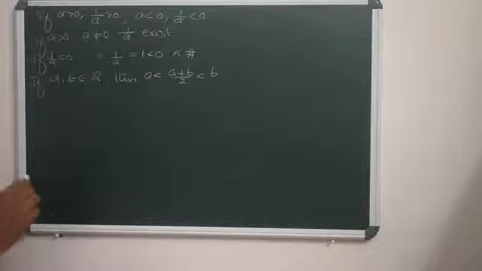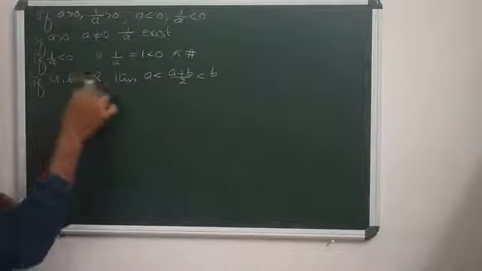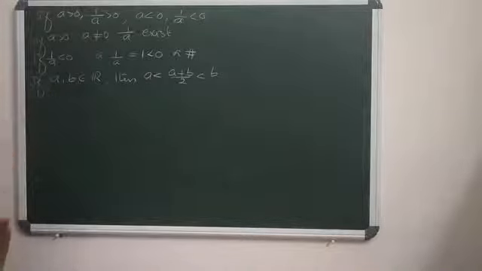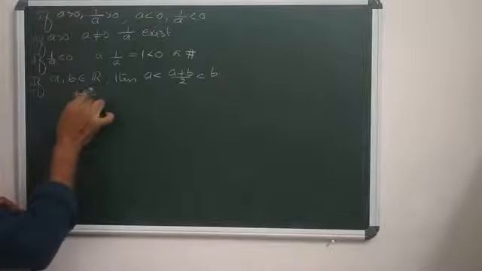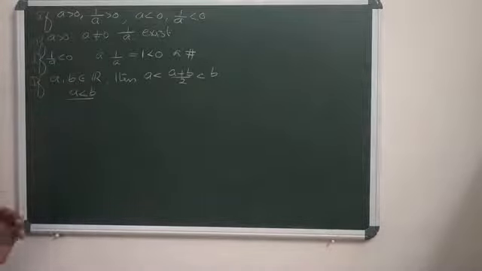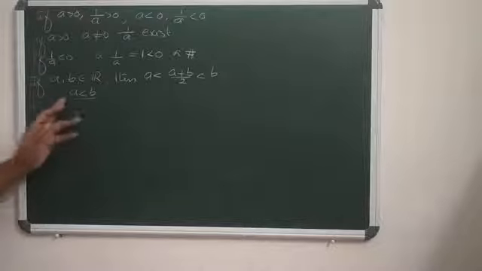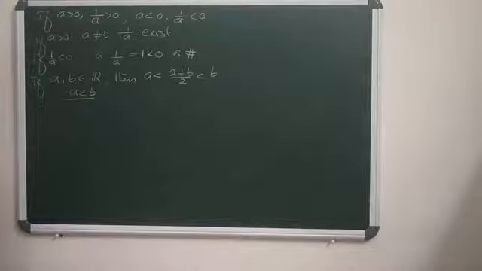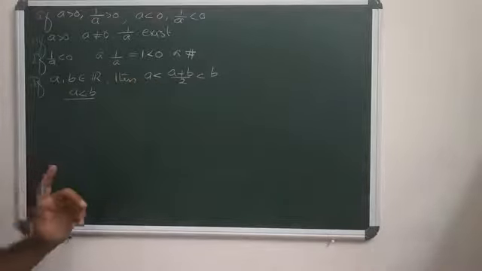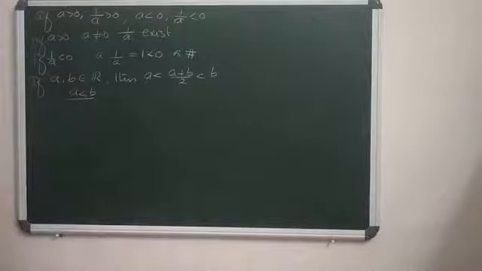So how to prove this one? Let a and b belong to R with a less than b. Consider these two conditions. If a and b are real numbers with a less than b, then the arithmetic mean between a and b is (a plus b) by 2, so it lies in between a and b itself.